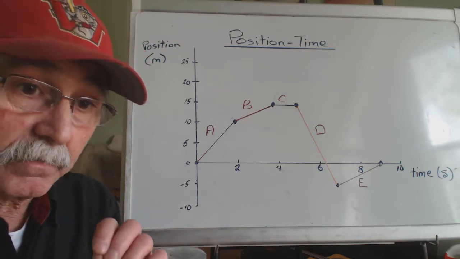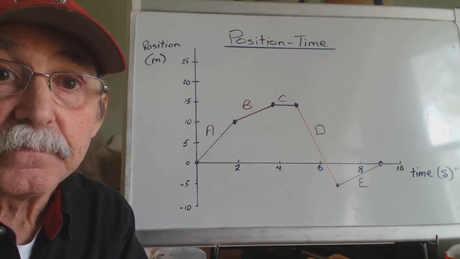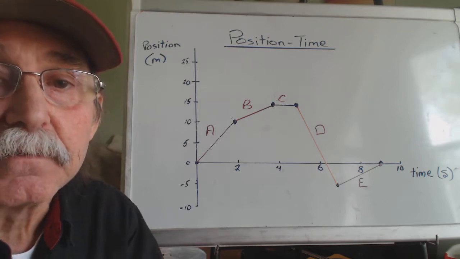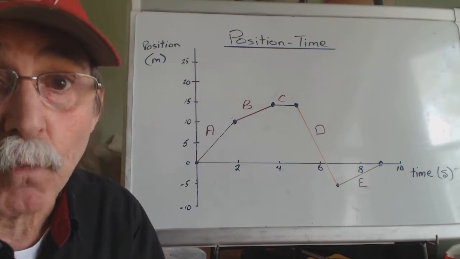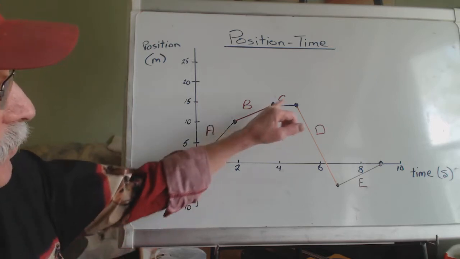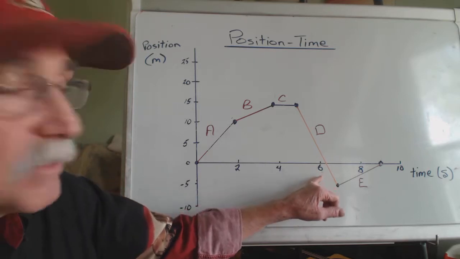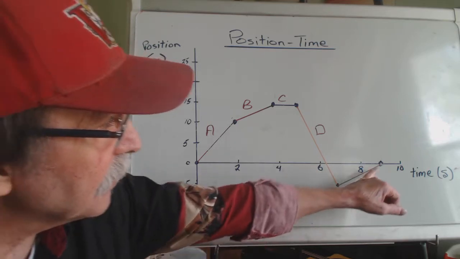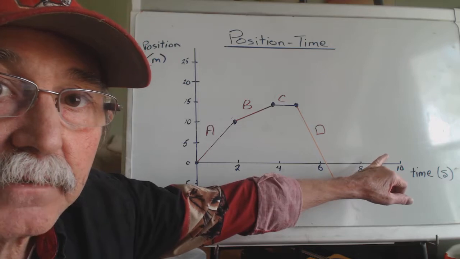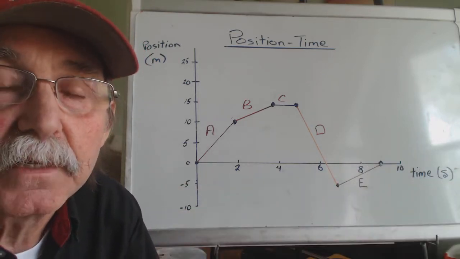Notice that this object's final displacement is zero. Why? It started at the origin, it did a little trip, went around, came back through the origin into the negative area, and returned to the origin. Again, its displacement is zero.